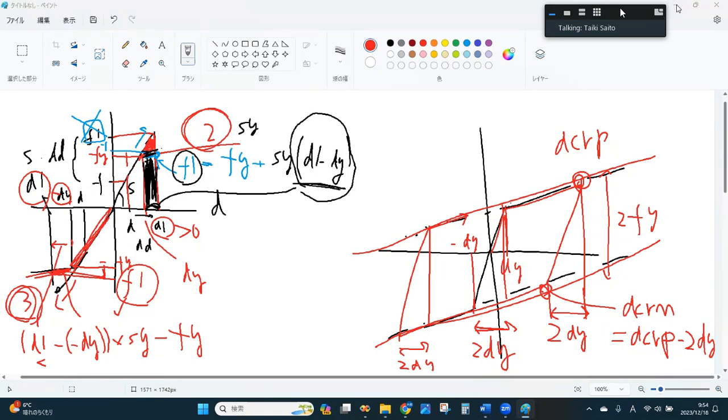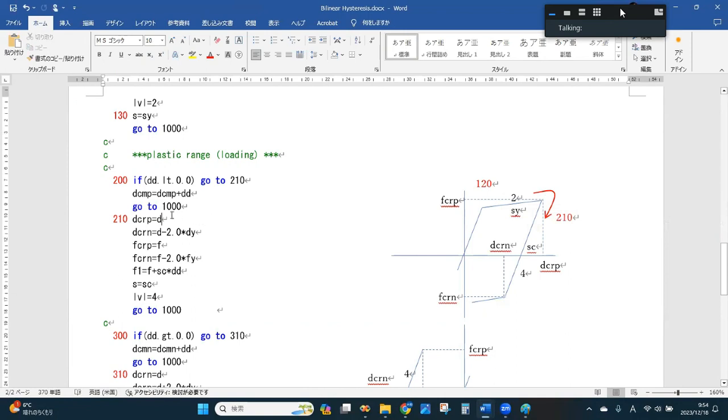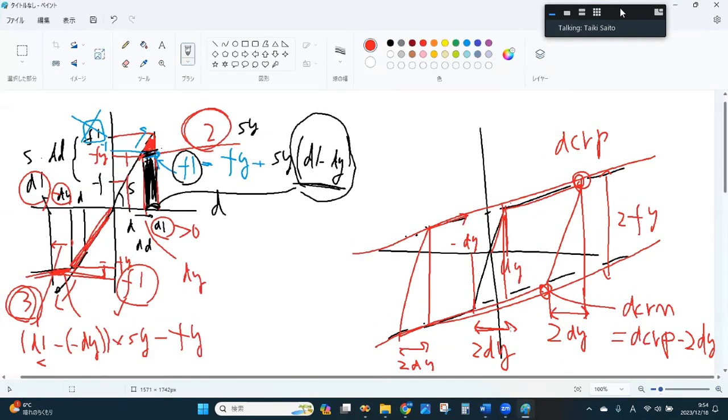So the return point DCRN, negative side, is DCRP minus 2Dy. And the force, positive side, is F, and the negative side is F minus 2Fy. And the new force is F plus S times DD.